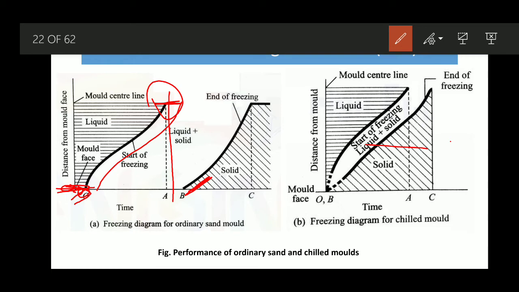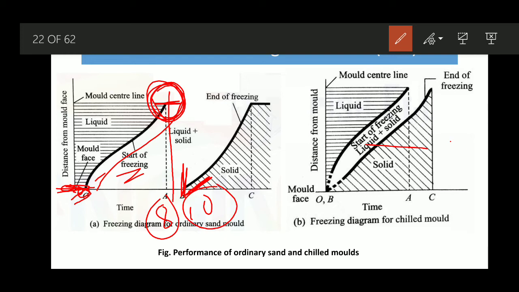Suppose this is up to 10 seconds, but here suppose it is 8 seconds. So at 8 seconds itself, at the mold center line, it has started solidifying, the start of freezing. But by 8 seconds, at the mold zero position, that means zero distance, solidification is not even completed.